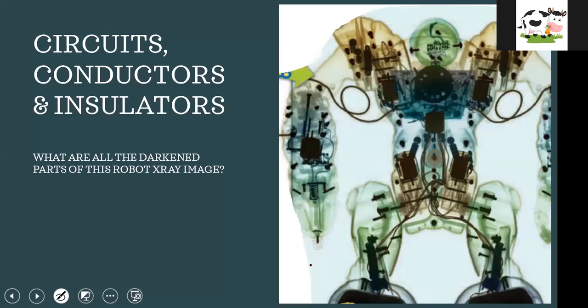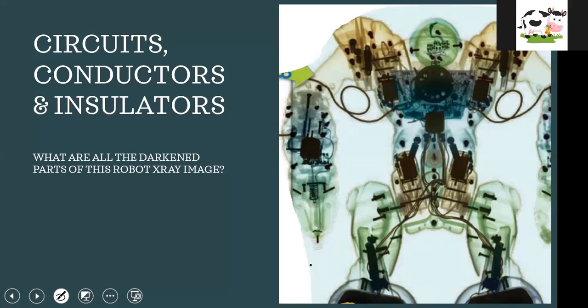All right. The next thing we're going to talk about is robot circuits, okay? When you look at this picture, it's an X-ray image of a robot. What about the resistor? Yeah, there are resistors in it actually, the big blocky things. But what do you actually see in this X-ray image? I see lots and lots of wires. Good. So lots of metal and stuff.